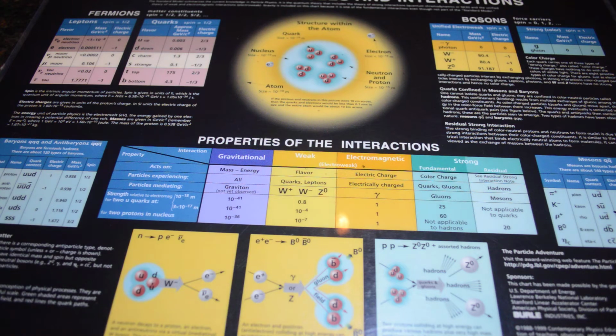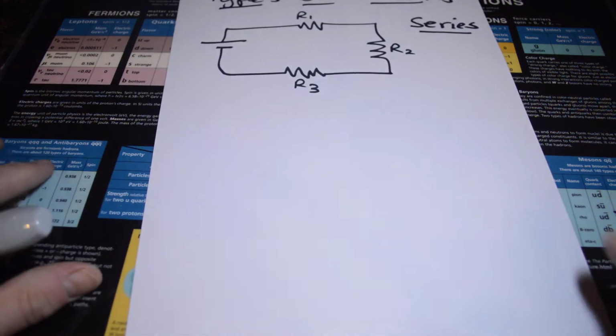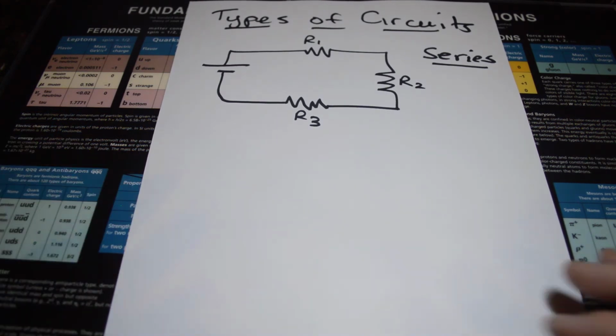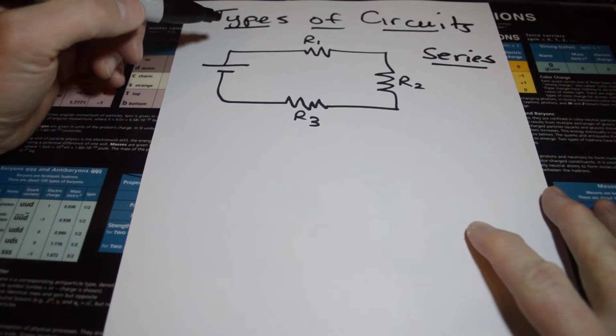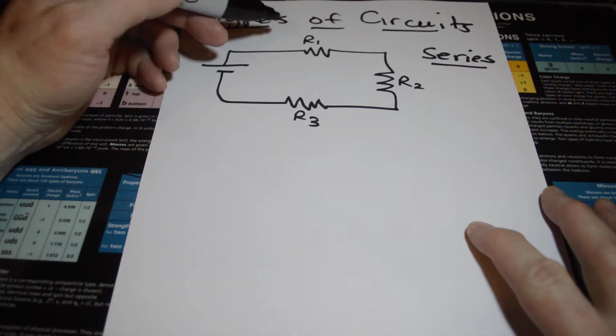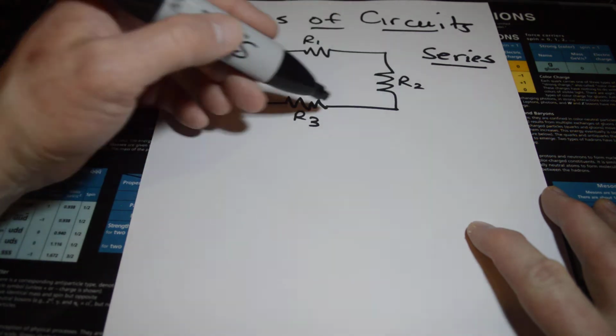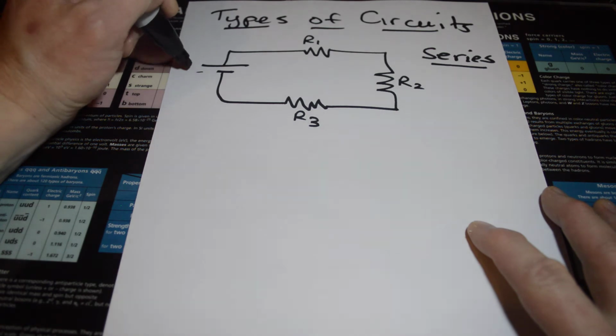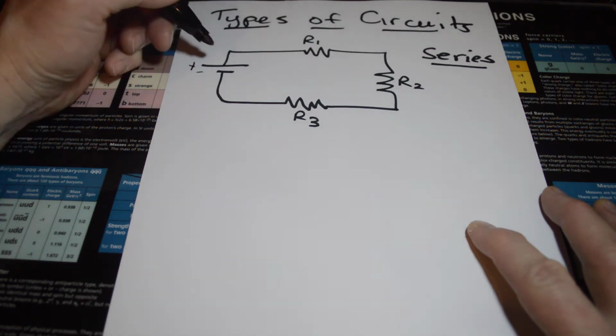Next thing is there are different types of circuits that we have. This one is called a series circuit, and that is that it has 3 resistors piggybacked one to each other. Again, the positive current flow comes from the positive lead.